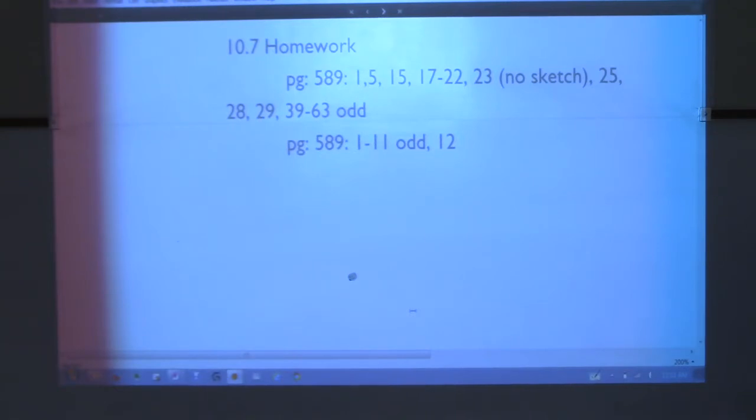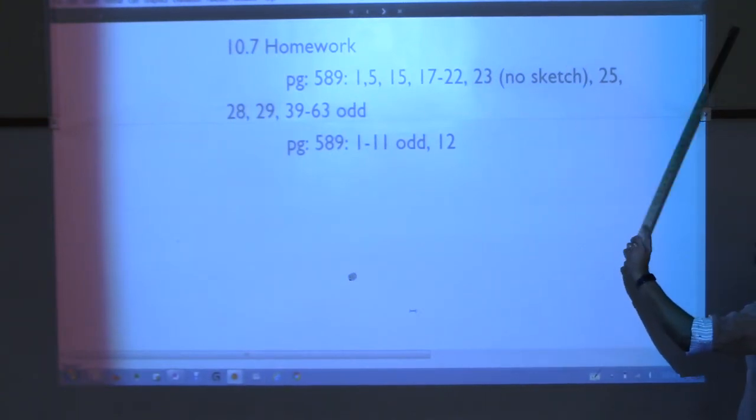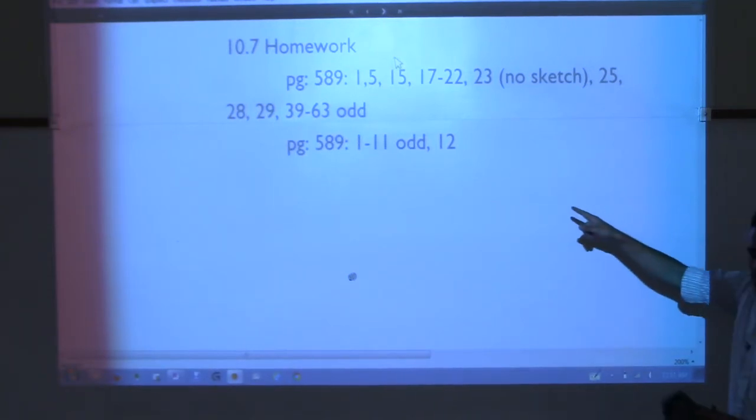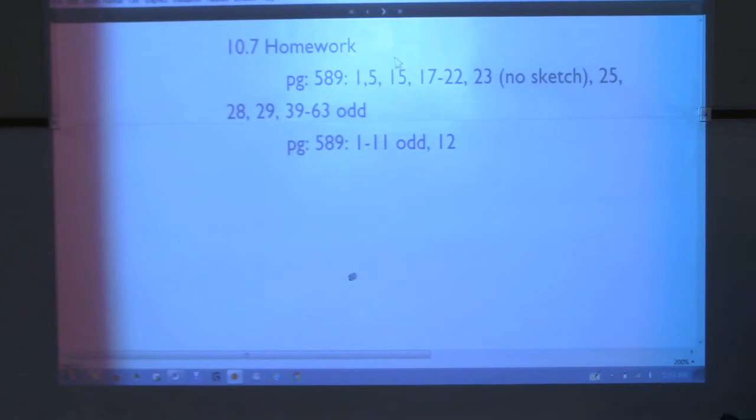Yeah, 1 through 5, 7. No, just do 1 through 11, 12, and then 15, 17 through. Wait, so you want us to do them all? Is that in the notes? Yeah, like when you print out the notes, is that in there? Yep, it is. Has both of them written down, messed up like that? Yep. Okay, all right, so that's in your notes. I don't need to keep it up here.